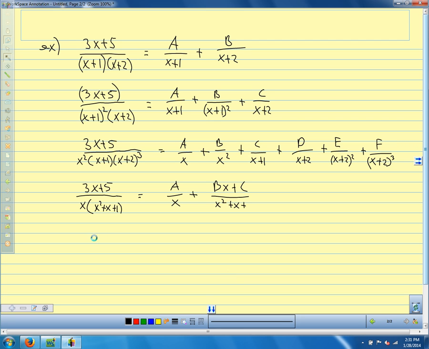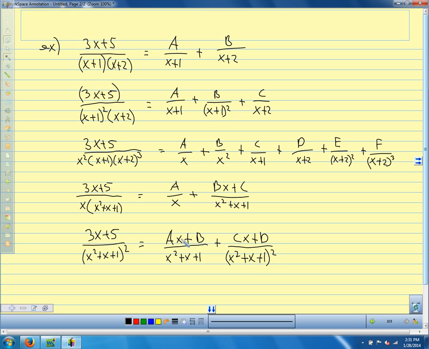And then finally, let's look at a power of a quadratic factor. We have two of these, so I could say that's ax plus b over x squared plus x plus 1 plus cx plus d over x squared plus x plus 1 squared.